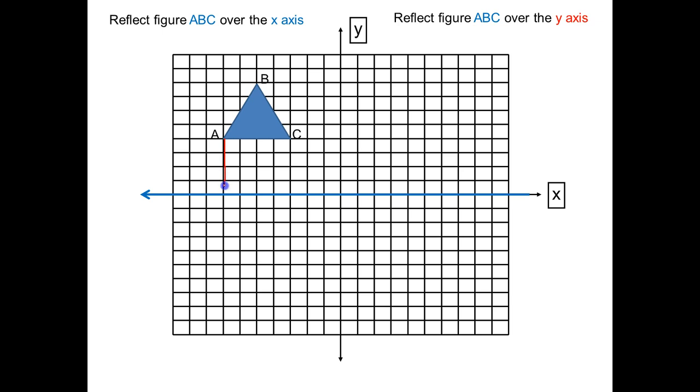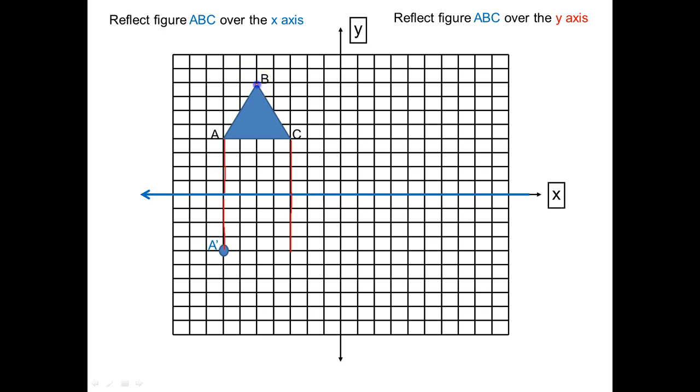So A is 4 away from our line of reflection. So we're going to go 4 in the other direction to give us our new point A. We're going to do the same thing for our C. 4 away from the line of reflection, so 4 on the opposite side.